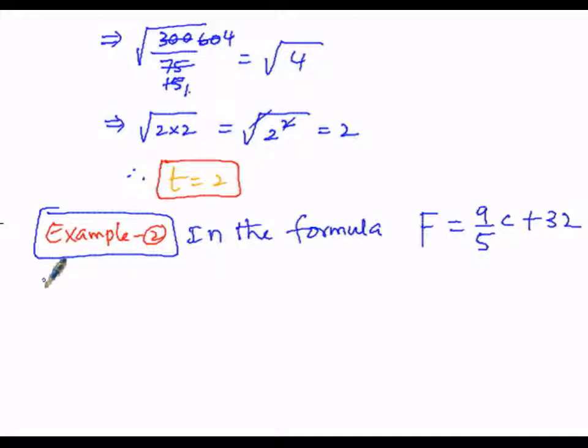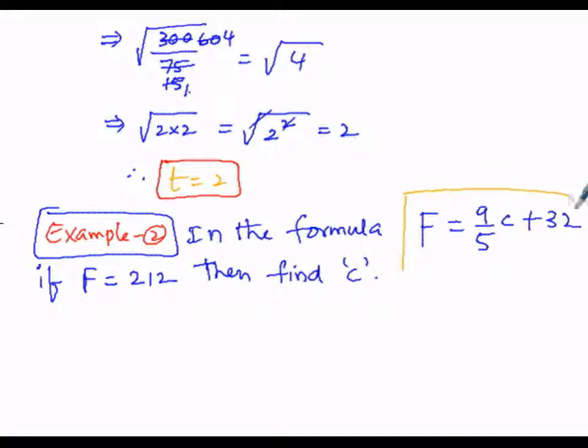Then if F value is 212, then find out the value of C. So here the given formula is F equals 9C divided by 5 plus 32, and the value of F is given as 212. It is asking us to find out the value of C.